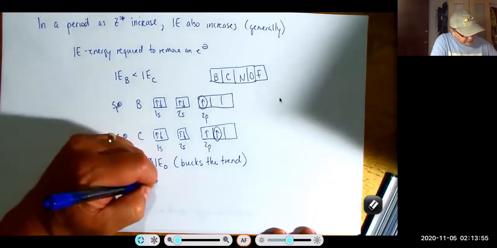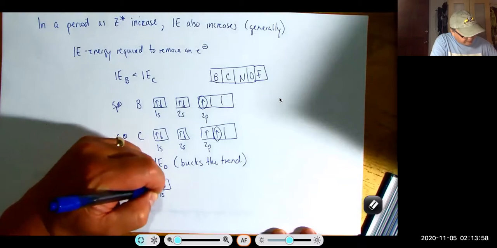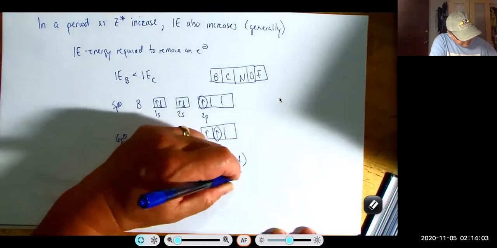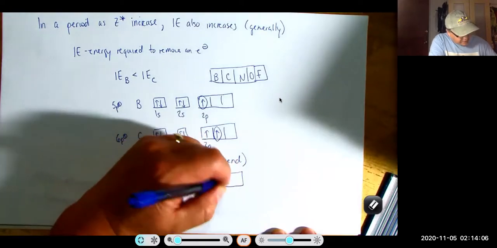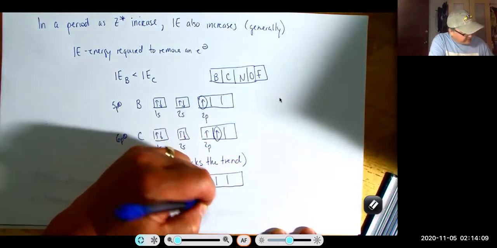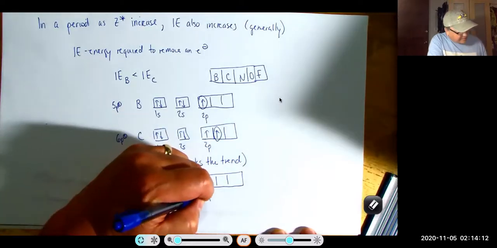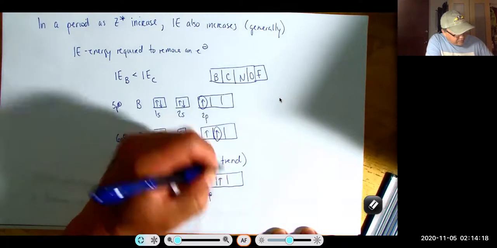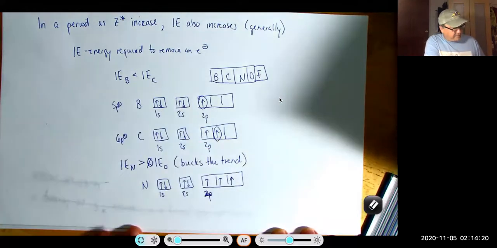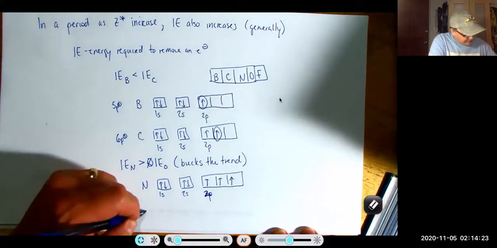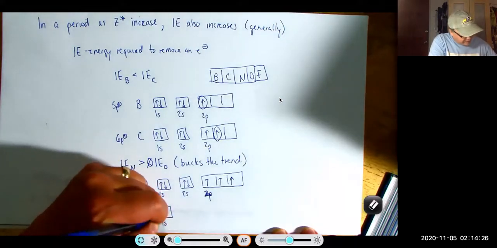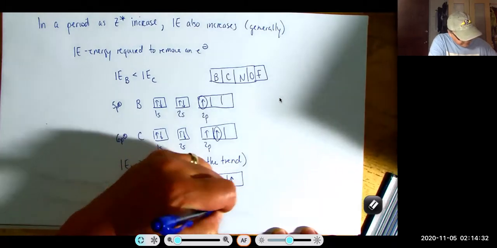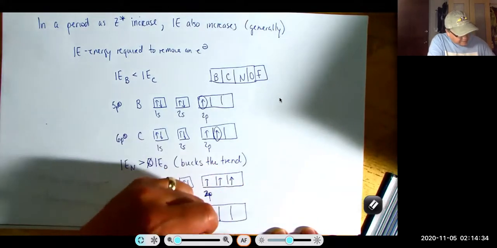So nitrogen is 1s2, 2s2, and 2p, I'm sorry, 2p3. Oxygen is going to be 1s2, 2s2, and it's going to be 2p4.